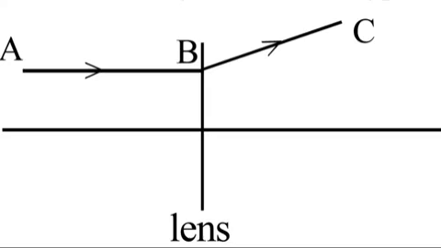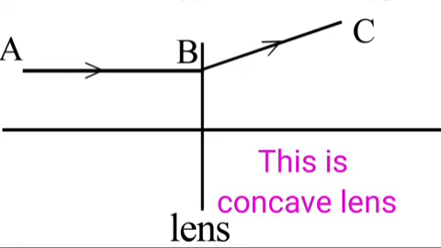Next one. In the following figure, AB is the incident ray, BC is the refracted ray. Then which type of lens is that? Observe this ray diagram. In this, AB is the incident ray, BC is the refracted ray. Then which type of lens is this? We know that, simply write, this is the concave lens.